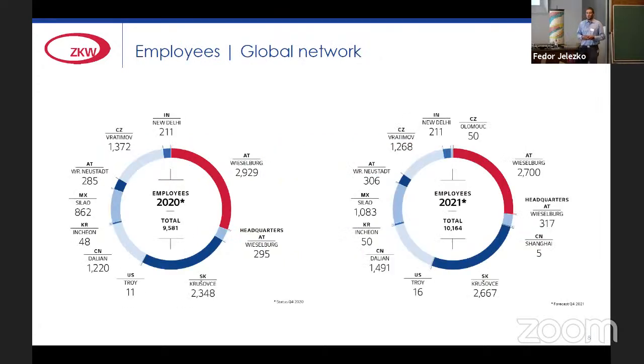We already have a few bright minds, so worldwide it's about 10,000. Those are located in different areas. In Wieselburg, where I am, we are about 3,000. In Wieselburg, there is the headquarters, and of course the normal development site.